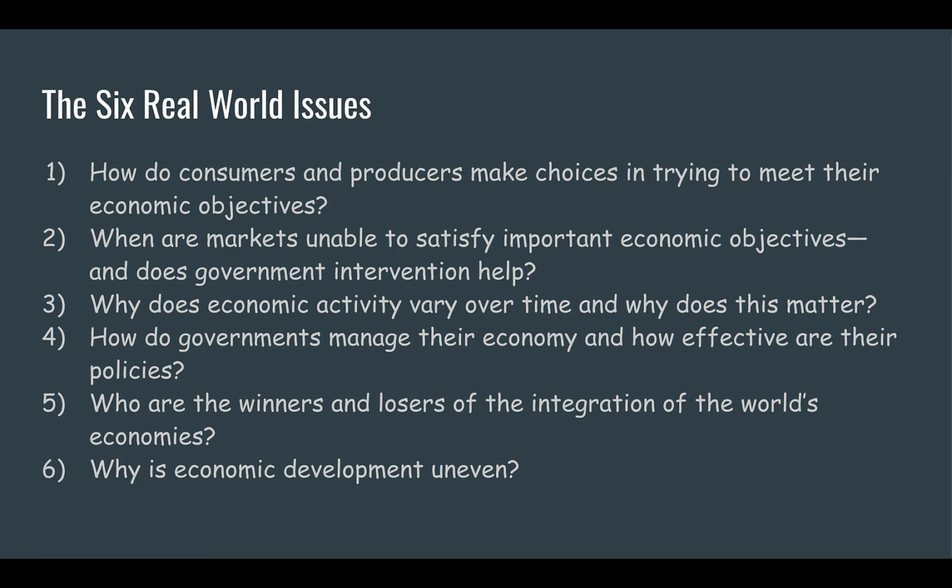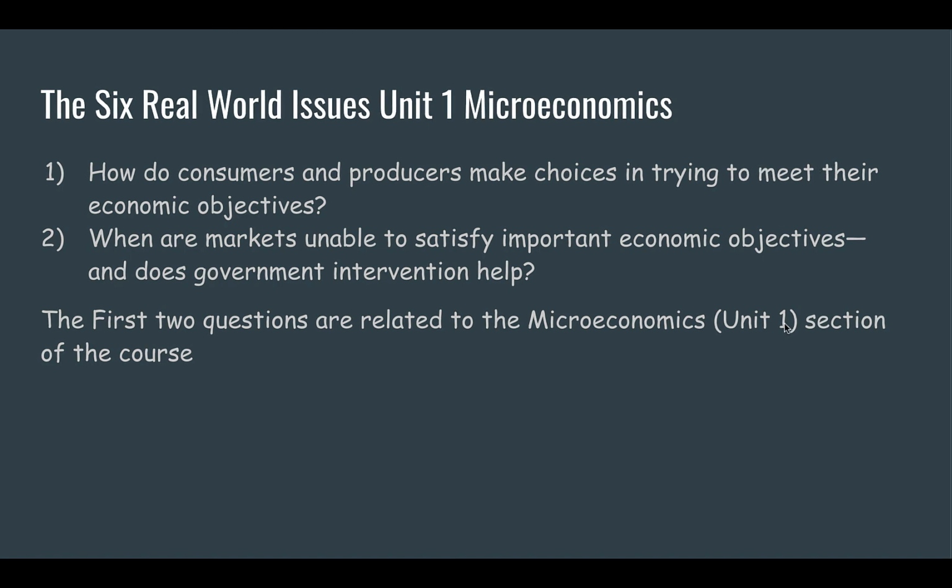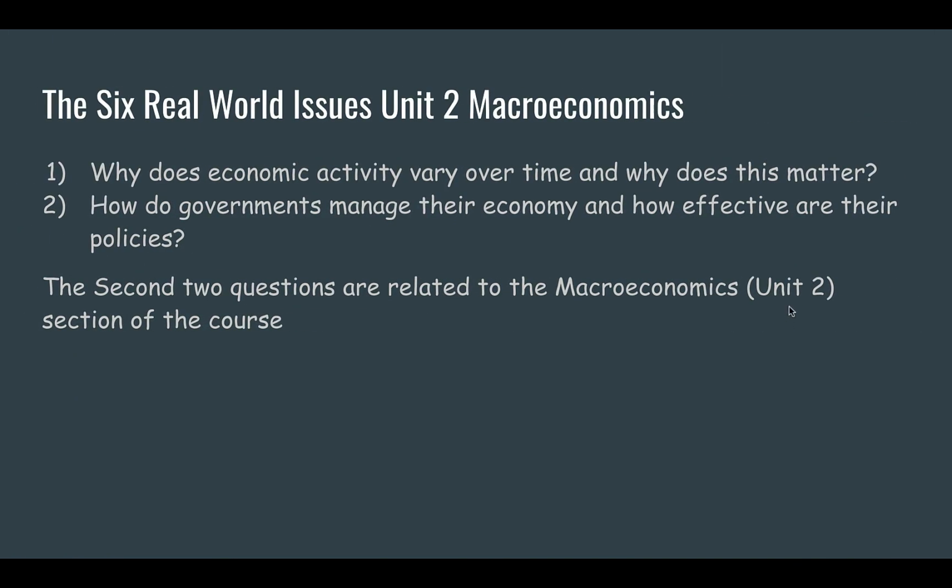Now, unfortunately for you, I'm not finished yet, because I want you to look at the first 2 questions. How do consumers and producers make choices in trying to meet their economic objectives? And when are markets unable to satisfy important economic objectives, and does government intervention help? I say Unit 1 here, that's the old one. It is Unit 2, but right now we're doing Unit 1. Why does economic activity vary over time, and why does this matter?